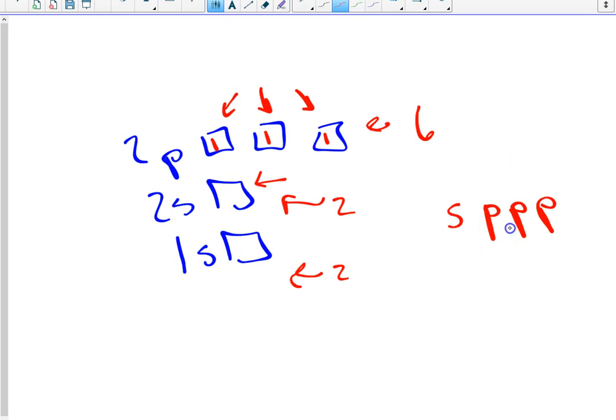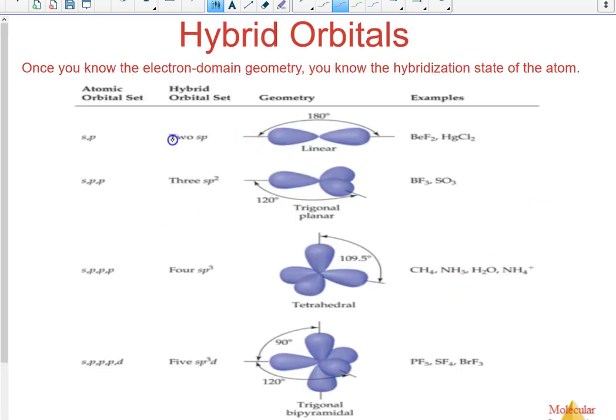Okay? Then we put, instead of putting PP, the SP, if we were using all 4 of these hybrid orbitals. So coming back here, if you have your 2 or your linear, so you have one on one side and one on the other, all right, we have an SP, one from the S and one from the P. If we have something that has 3, we now have SP2.